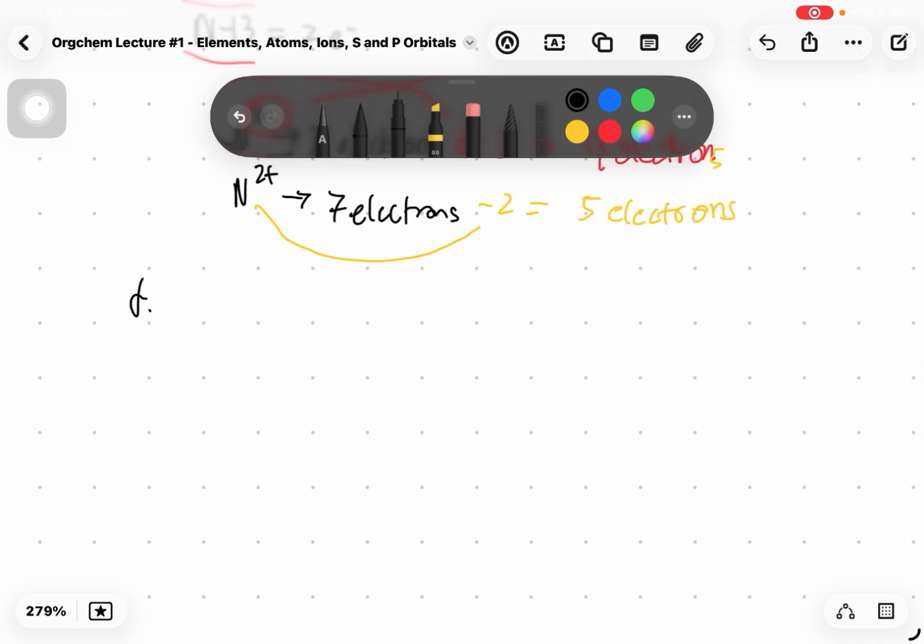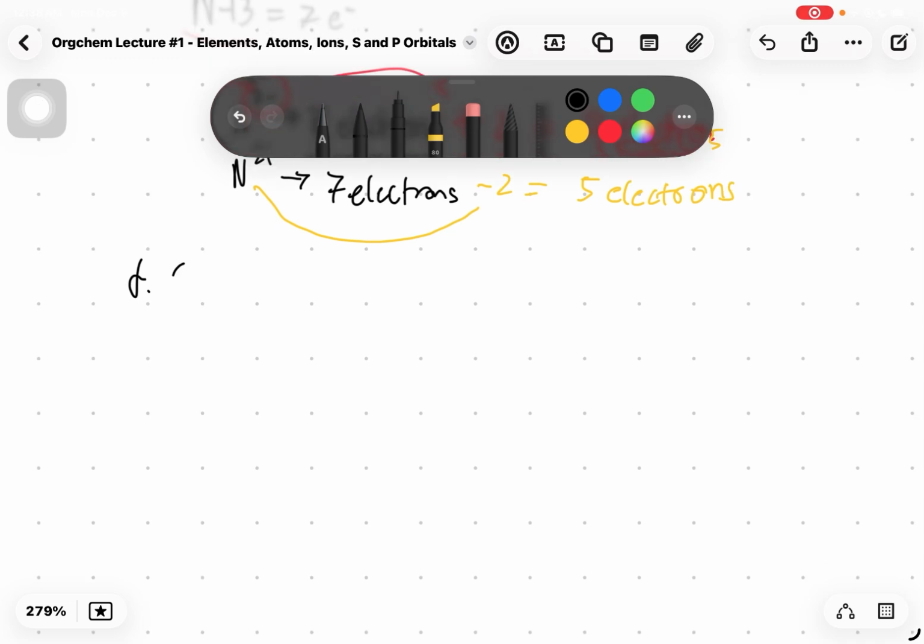So for our fourth question, the group number. Again, let's reiterate what we have on the second period of the periodic table. We have lithium, beryllium, boron, carbon, nitrogen, oxygen, fluorine, and neon. Our lithium is in group 1A. Let's write in blue, sorry.